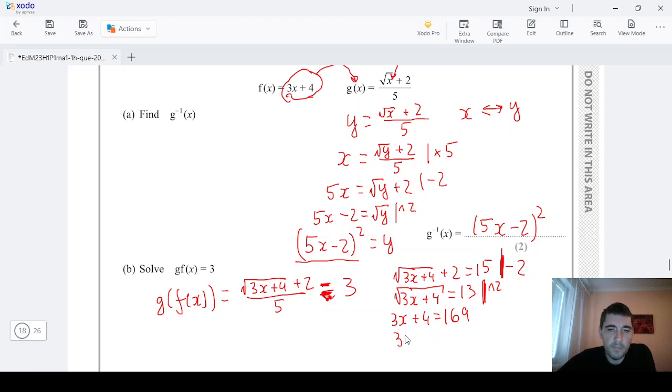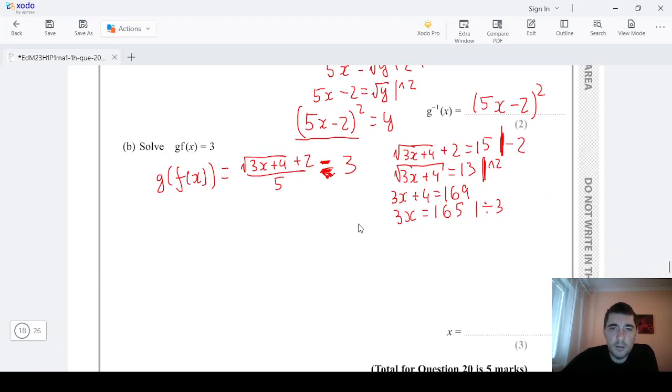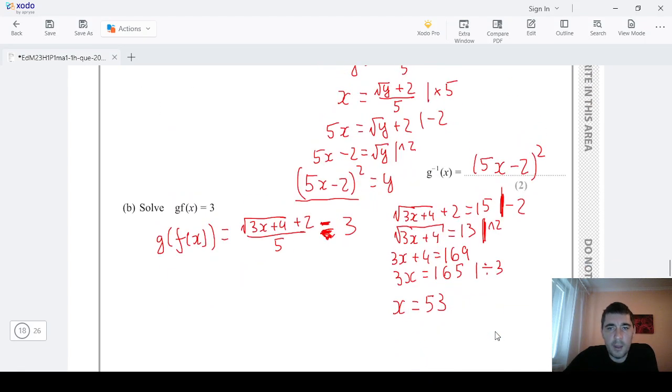We get 3x equal to 165. Divide both sides by 3, and x equals 53. So x equals 53. That's quite a hard question, but still 3 marks if you manage to solve it.